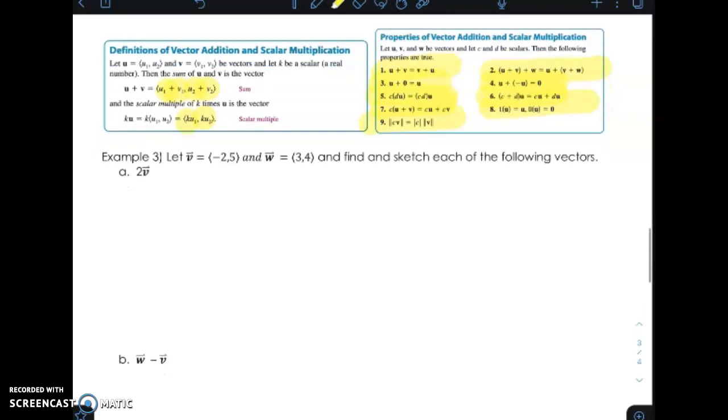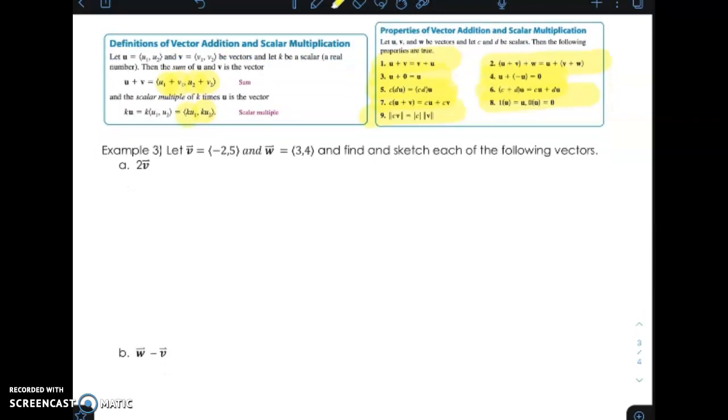So example 3, we've got vector v as -2, 5 and vector w as 3, 4. We're going to find and sketch each of the following vectors. So by hand, we have a scalar 2 times vector v, which we're just going to multiply each component by 2. And we can draw a sketch of that.